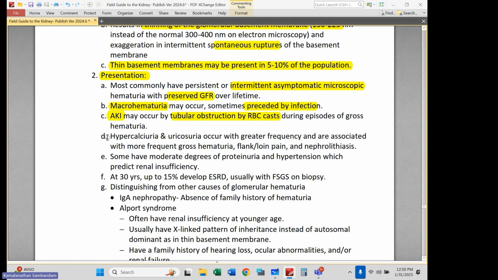Okay, these individuals actually have hypercalciuria and hyperuricosuria, and this might explain the increased incidence of nephrolithiasis in this patient population. Why this occurs is not clear.